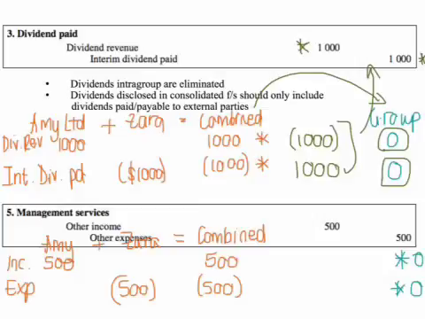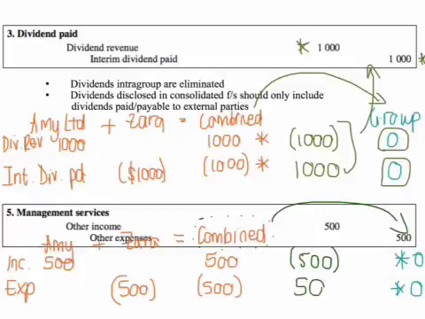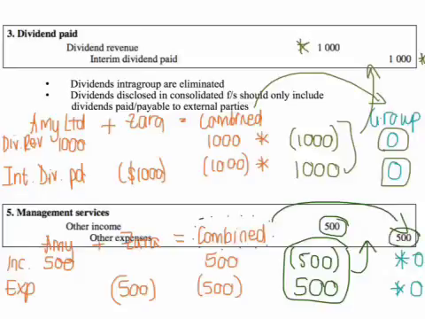So how do we get from the combined results to what it should be for the group? We reduce the income by the 500 and we adjust the expense by the 500. And this is the consolidation entry that we need to post. So other income is reduced by the management fees, other expenses by the management fees paid.